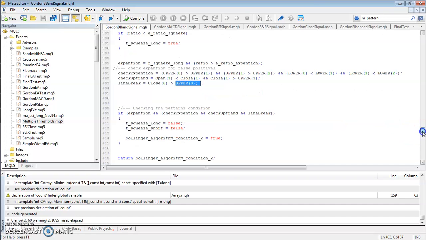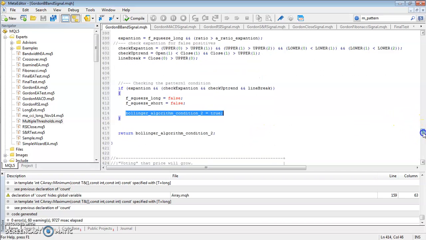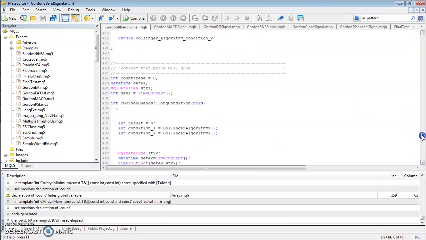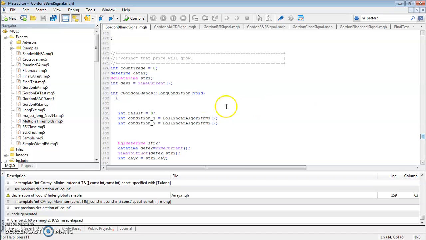And so here he puts them in an if condition: check expansion, and check uptrend, and the line break. Then he sets the condition to true, which he returns, and same as mine, we both return the values down to the main long condition.